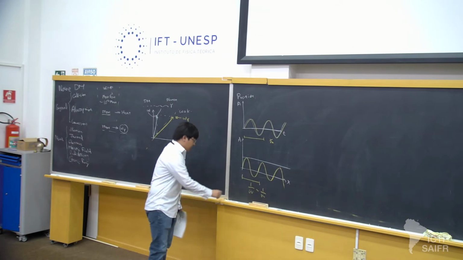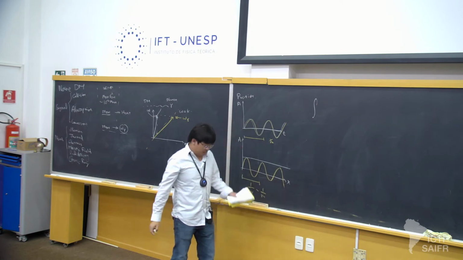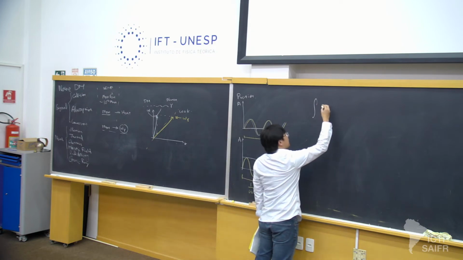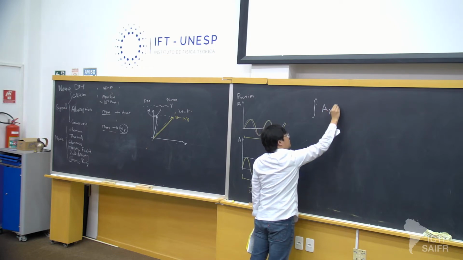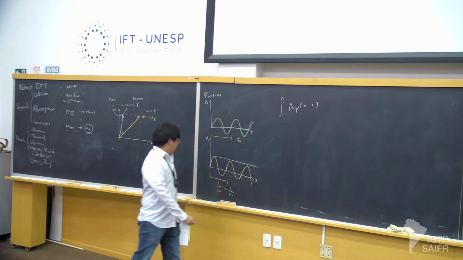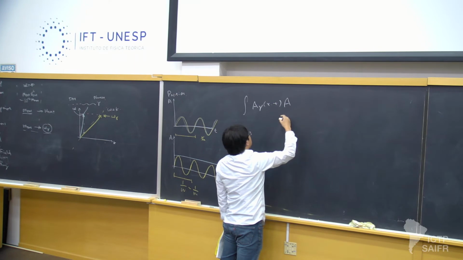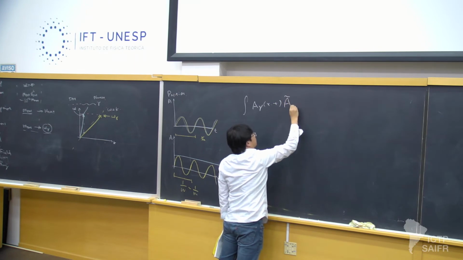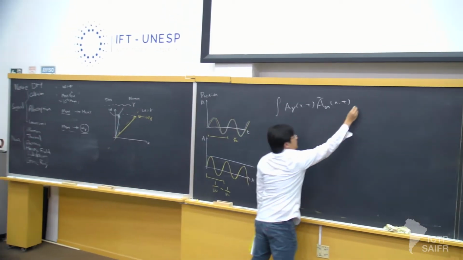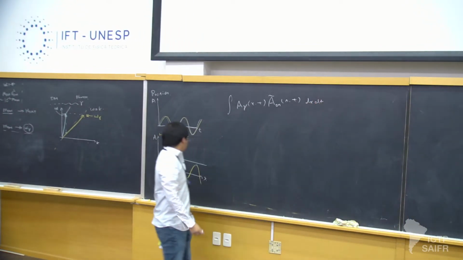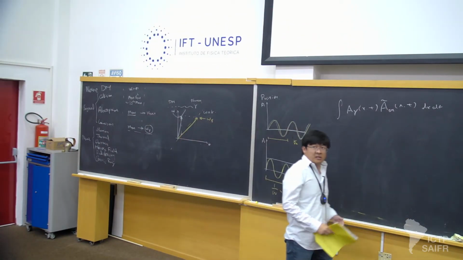If I want to do conversion, then what I'm computing is the overlap of the wave functions, right? I take the wave function of the photon, let me call it A of the photon as a function of x and t, and then I take the wave function of the dark matter as a function of x and t, and I integrate over space and time, which tells me how likely this conversion is to happen. If the two wave functions look the same, then they can convert into each other.